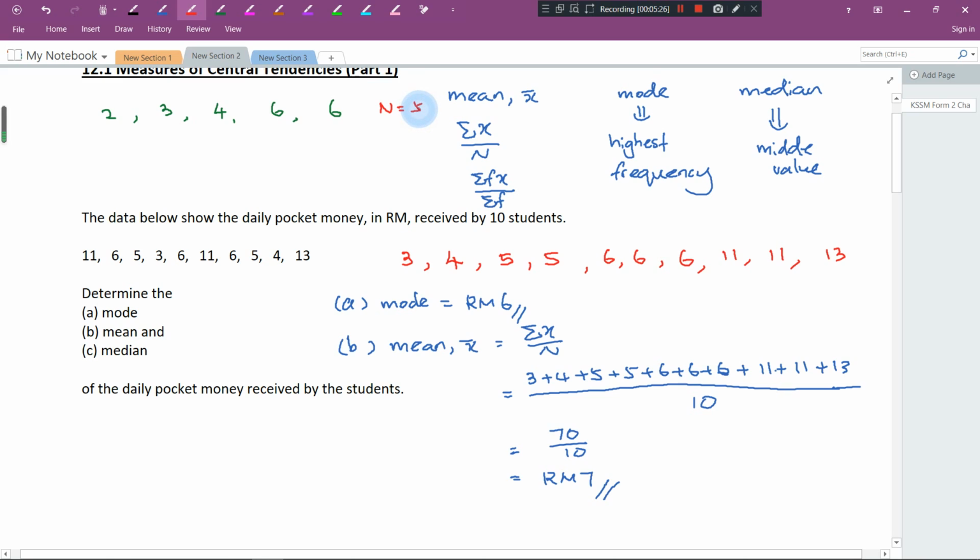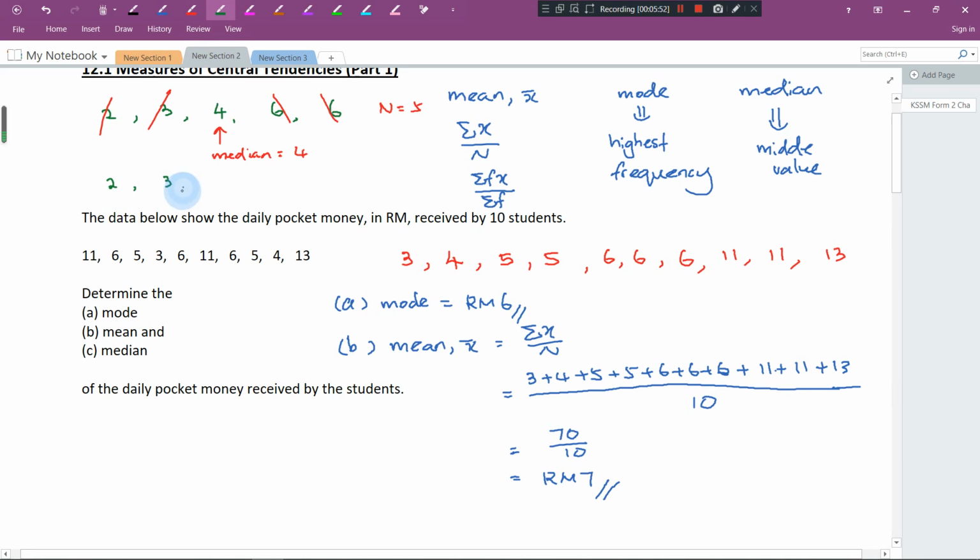This is an odd number, so we know that there is only one middle value. We try to test: cut here, left cut 1, right cut 1. Okay, one middle value, so the median is 4.